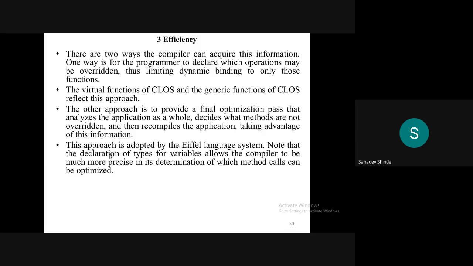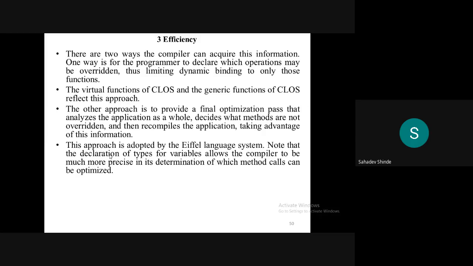The other approach is to provide a final optimization pass that analyzes the application as a whole, decides what methods are not overridden, and then recompiles the application taking advantage of this information. This approach is adopted by the Eiffel language system.